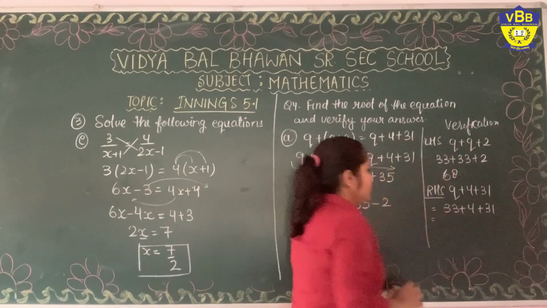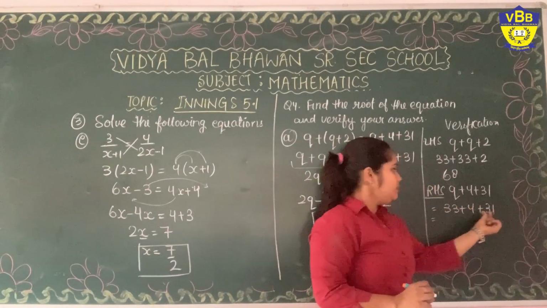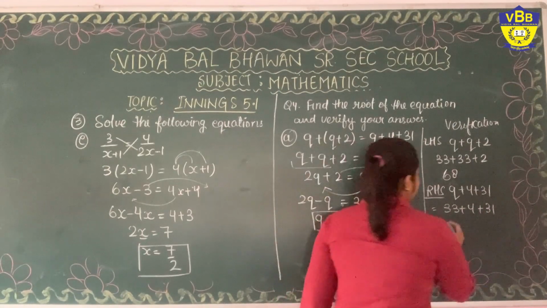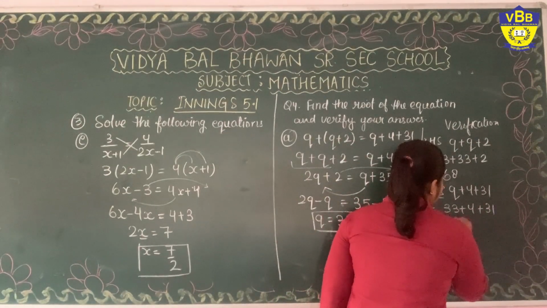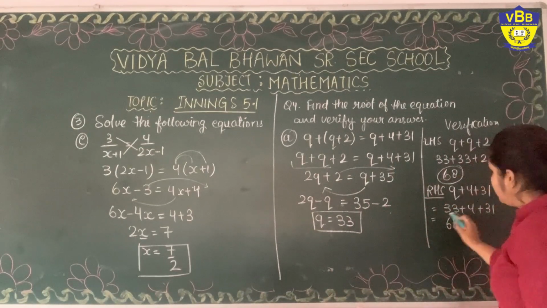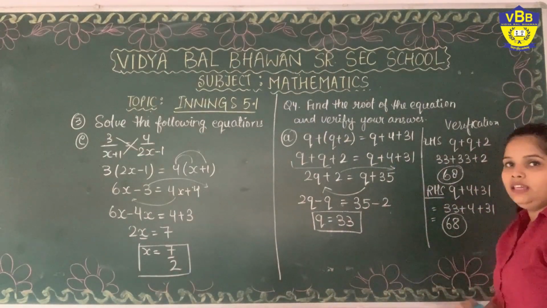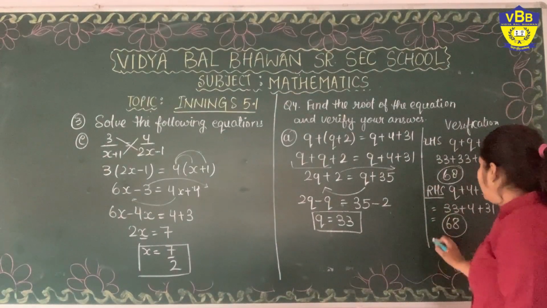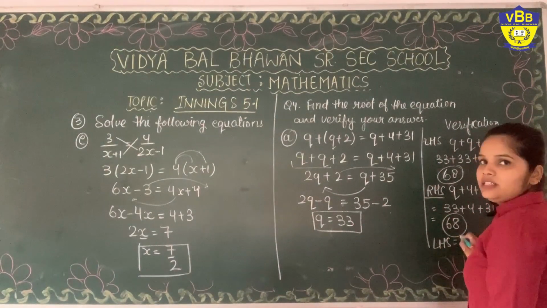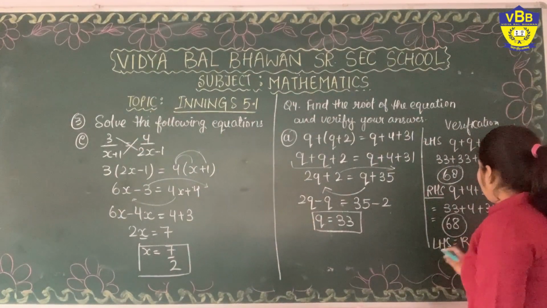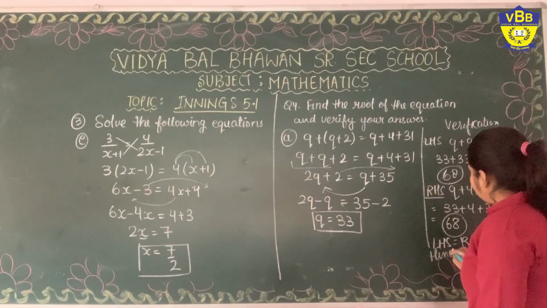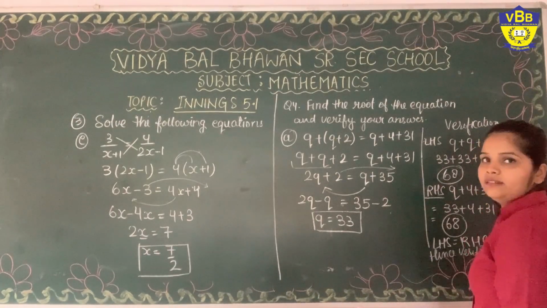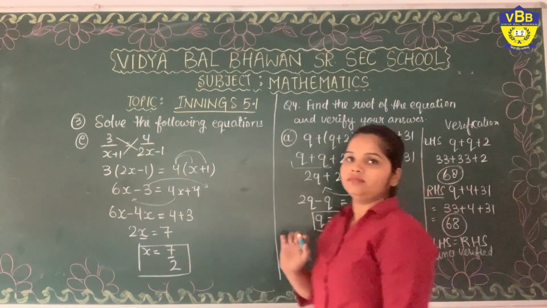Solve it. 31 plus 4 is 35. 35 plus 33 is 68. So you can see LHS and RHS are equal. That means this solution is correct. Our answer is verified. You will write LHS is equal to RHS, hence verified. This is the correct answer.